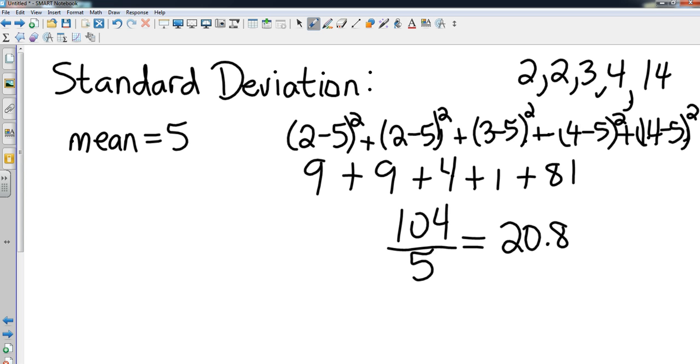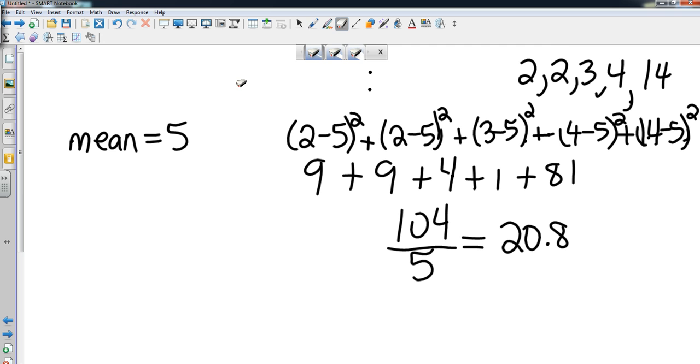Now here's one of those great teaching moments where we're talking about standard deviation and variance, and what I actually just found was the variance, not the standard deviation. So now that we have our nice little eraser tool, we're going to go back here. We're going to change that to variance, V-A-R-I-A-N-C-E.